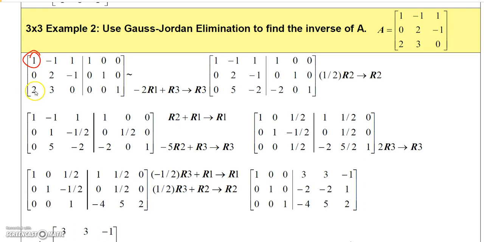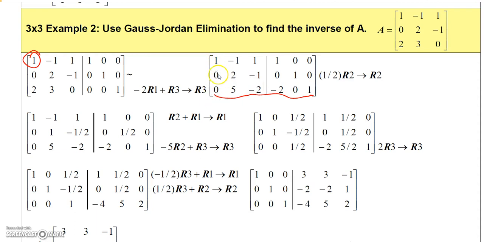I'm going to assume that you know how to do the row operations now, so I'm just going to direct you on the row operations you need to do. So if you multiply row 1 by -2 and add it to row 3, your new row 3 should be this. Okay, now I have a 1 and a 0 and a 0.